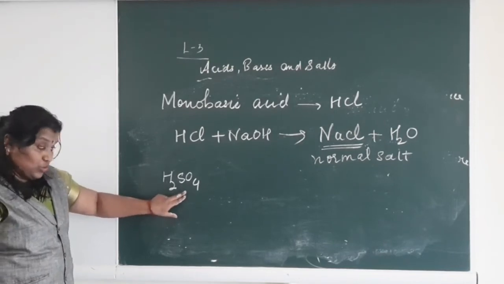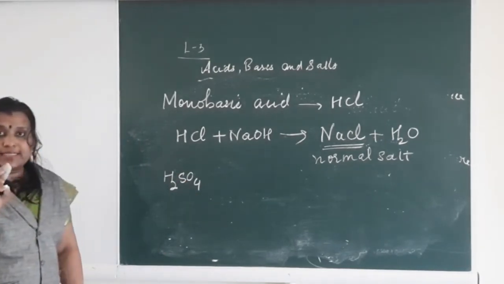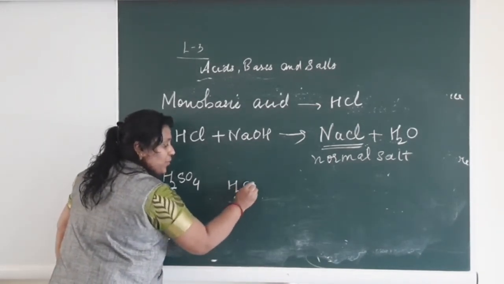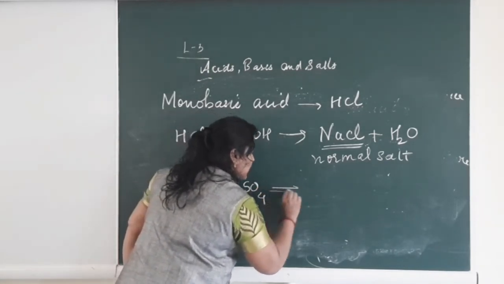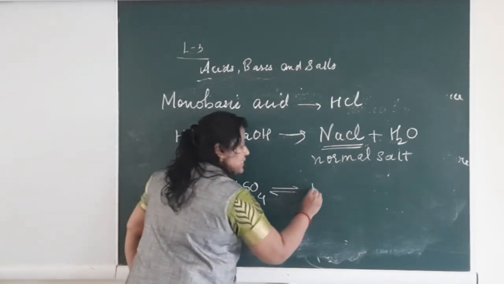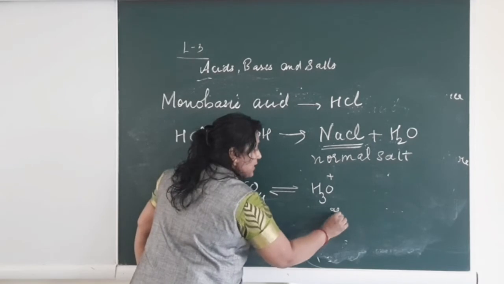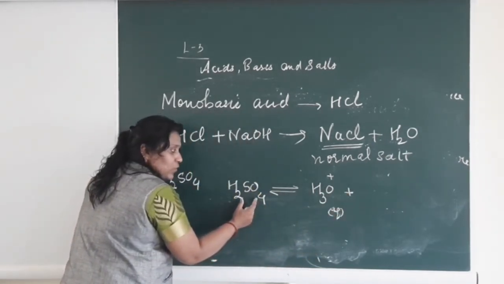Now, when I take H2SO4, look at the ionization process. This sulfuric acid ionizes in 2 steps. Let us see the first step. I write down H2SO4. If it ionizes and gives off 1 H plus ion, rather I write 1 H3O plus ion, hydronium ion. And what is the anionic part remaining?